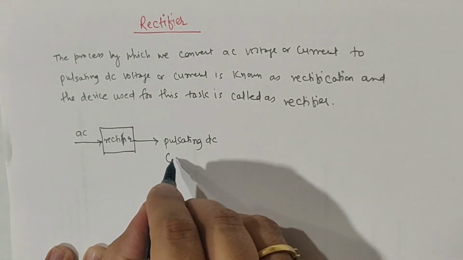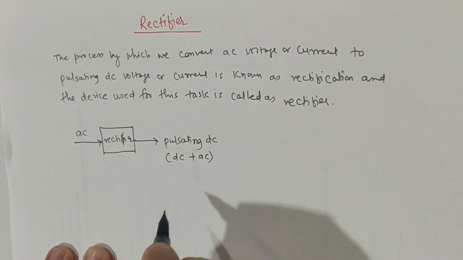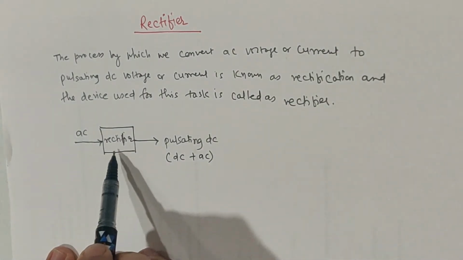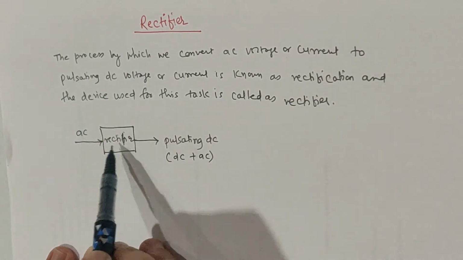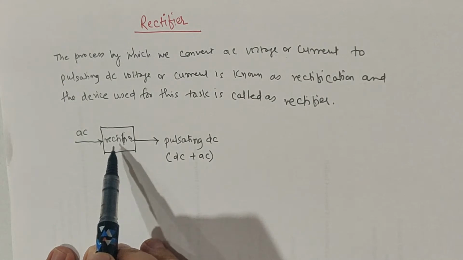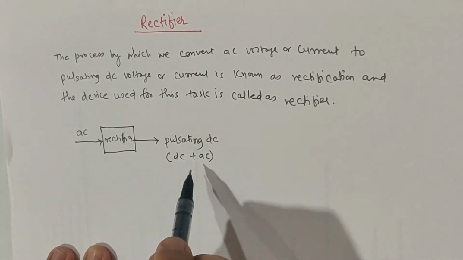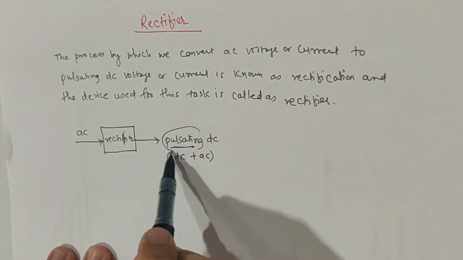Pulsating DC will contain maximum DC, but it will also contain some part of AC which is not eliminated. See, the task of rectifier was to completely convert AC to pure DC. But rectifier is not that efficient. It will not fully convert the AC power supply to DC power supply, but it converts AC power supply to pulsating. What is the meaning of pulsating?